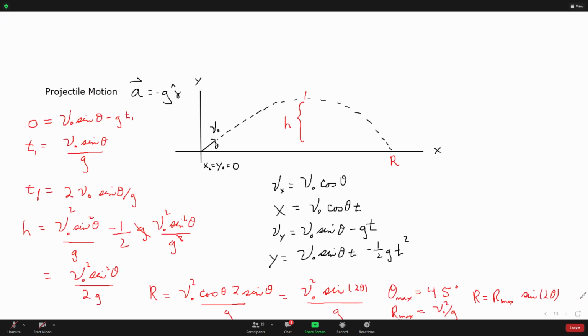Okay, now there's an extremely useful relation here that we can derive, which is the equation of the path. Right now, I have the path parameterized with respect to the time t, because I have x as a function of time, and I have y as a function of time. I'd like to eliminate the time between them, and then I will end up with an equation relating y and x.